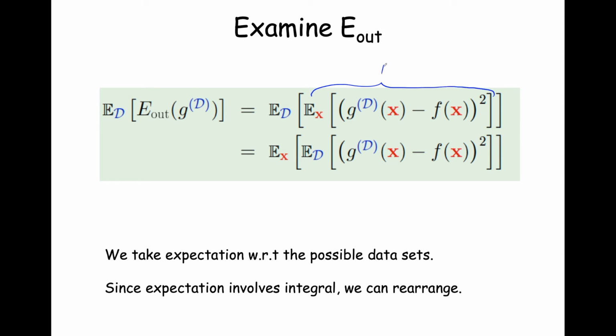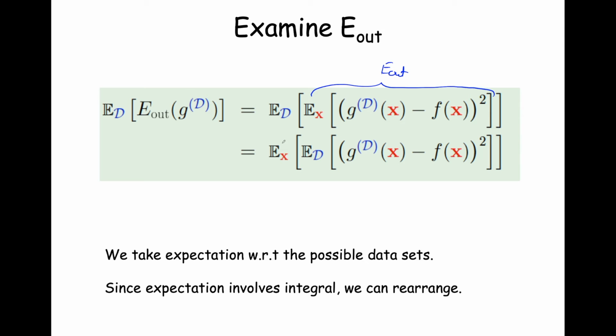So here's our E out, and then we're going to take that expectation of that E out with respect to the data set. Now, in expectation, because it depends on an integral for real valued quantities, which these data sets are, we can swap these expectations.